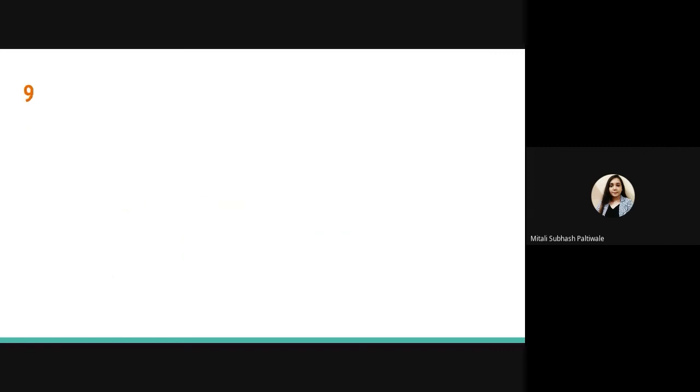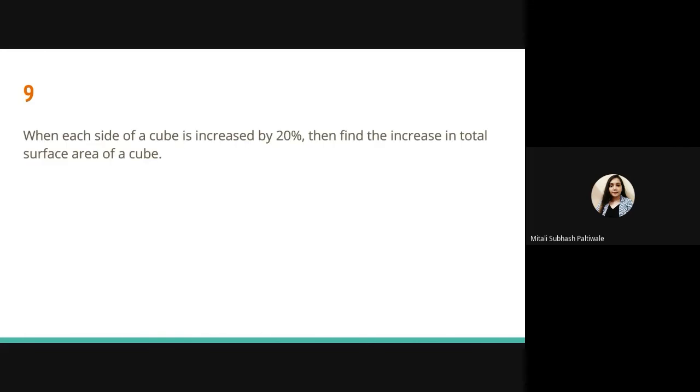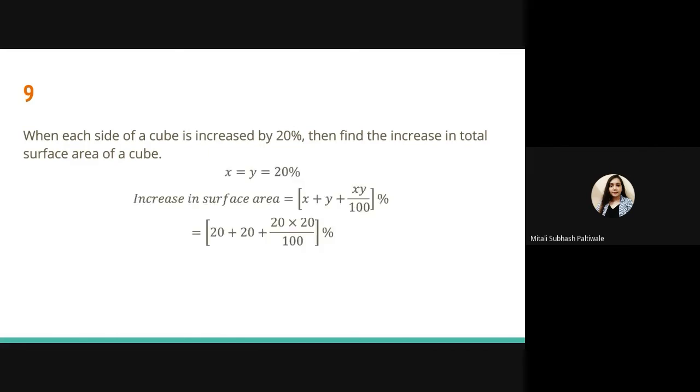Okay. Now, next question says, when each of the sides of a cube is increased by 20%, find the total increase in surface area. So the formula will now become: increase in surface area is equal to x plus y plus xy by 100 percent.